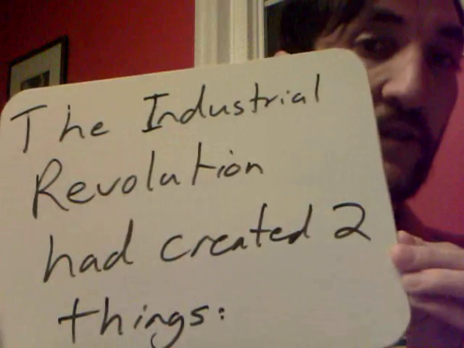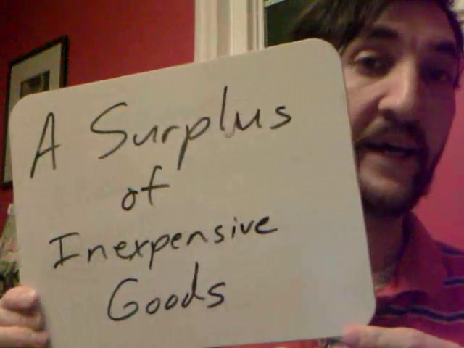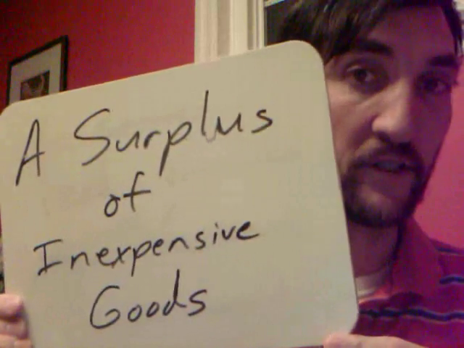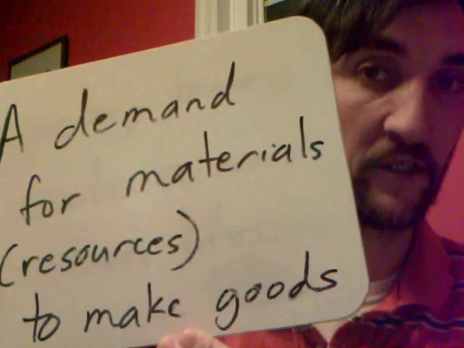The Industrial Revolution really created two things. A surplus of inexpensive goods and the ability to get those goods to markets, and a demand for the materials, the resources to make those goods.